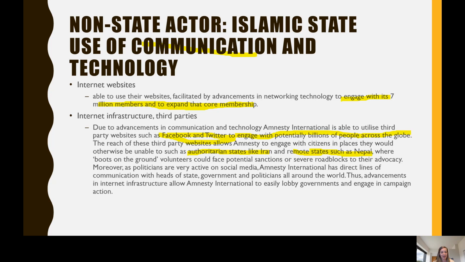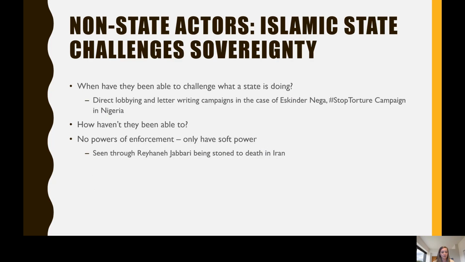All right, our final point here is how Amnesty has challenged a state's sovereignty. So they have, and they also haven't. There have been some successful campaigns that they have actually been able to do. There are quite a few out there.